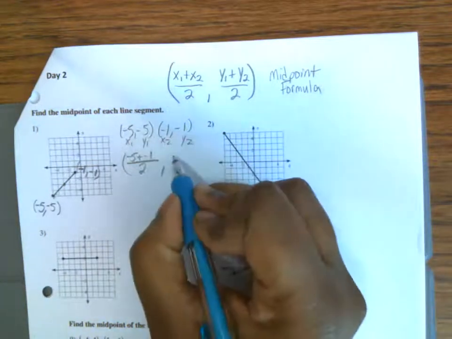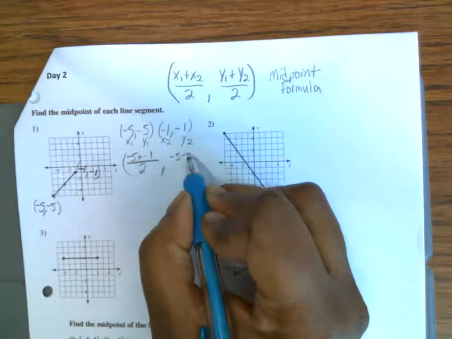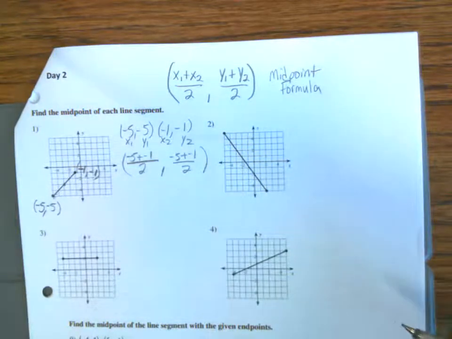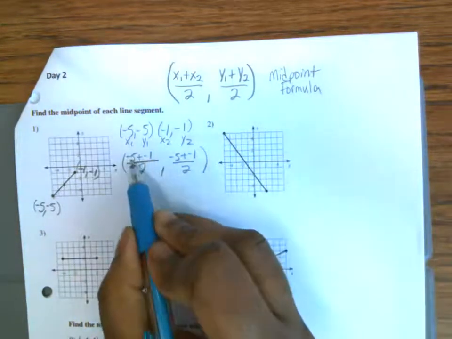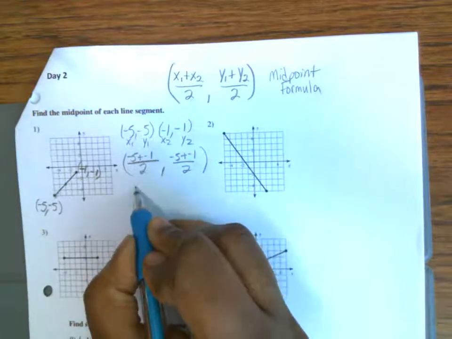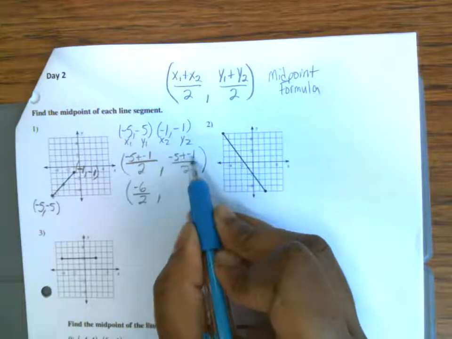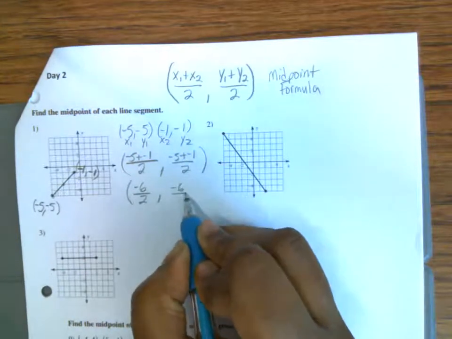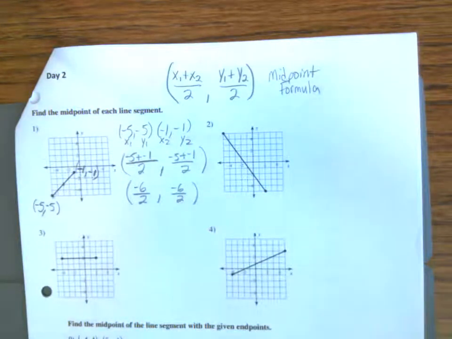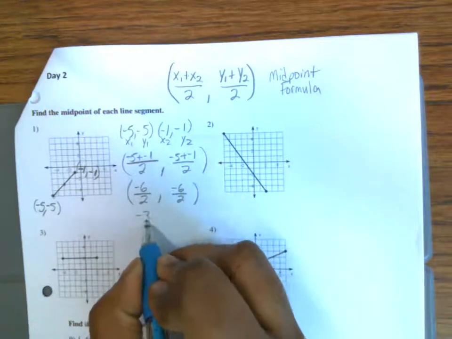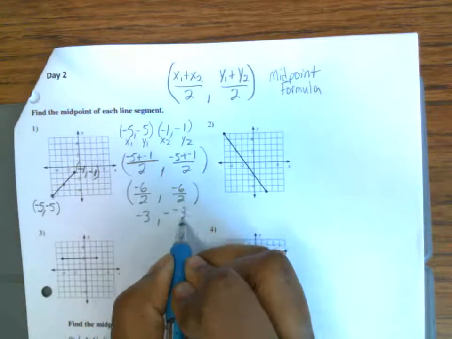Add the y's together. -5 plus a -1 divided by 2 is going to give you the y coordinate. So this is going to be -6 divided by 2, and this is going to be -6 divided by 2. So your answer here is going to be -3, comma, -3.